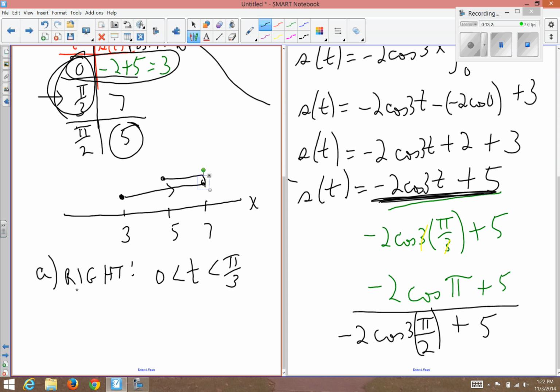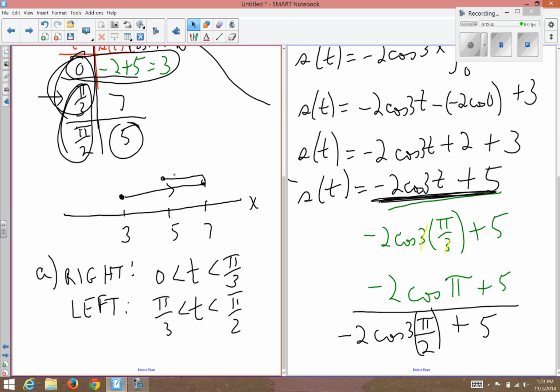It's moving to the left when it went from 7 to 5, and this was the time interval from pi over 3 to pi over 2. And when it went from 3 to 7, it stopped when it got to 7 so that it could change direction.